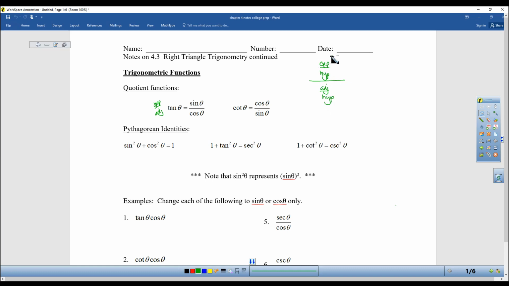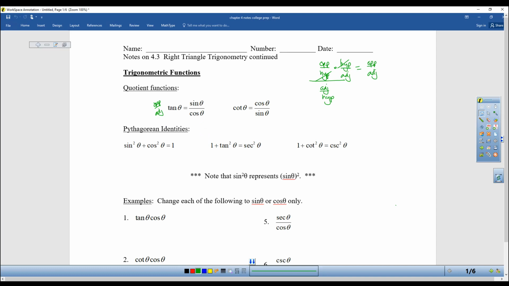So if you flip and multiply, or some of you call it keep, change, flip, I change the division to multiplication and then flip. Then the hypotenuse cancels, and I get opposite over adjacent, which is what tangent is. So tangent is opposite over adjacent, but in terms of the other trig functions, it's sine over cosine.